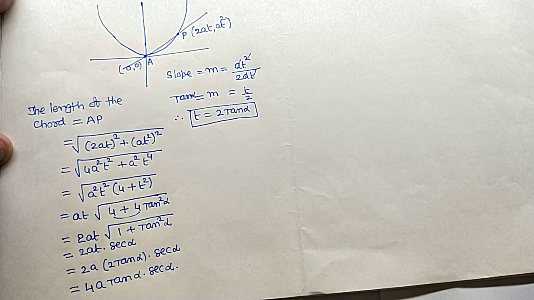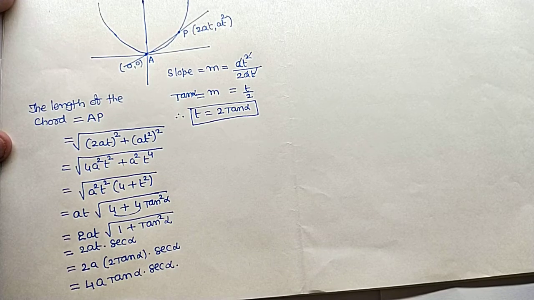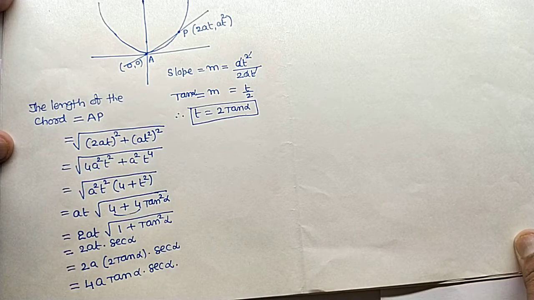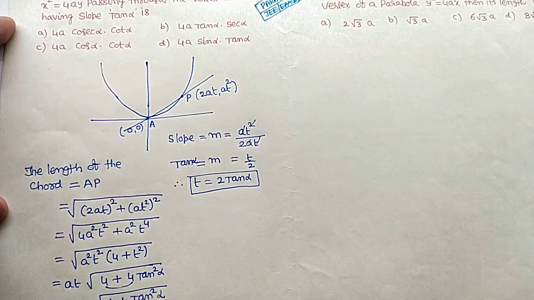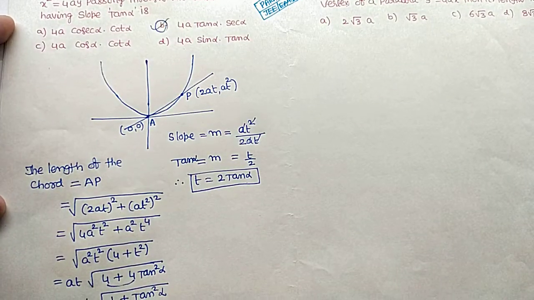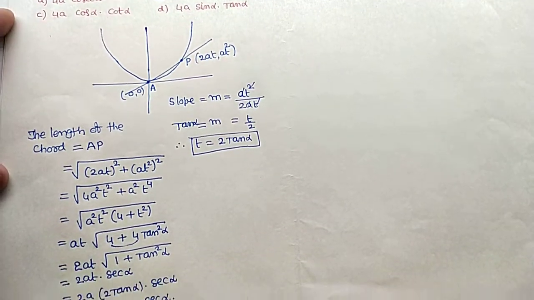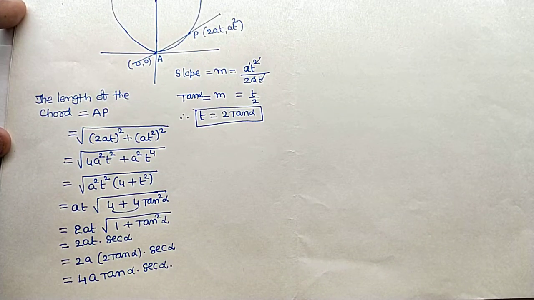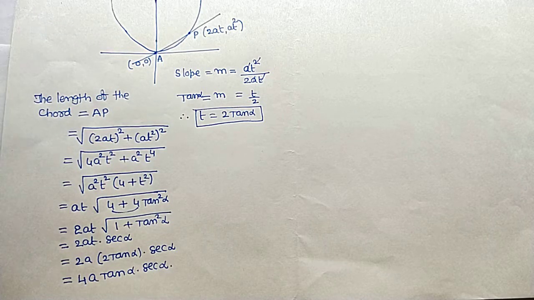Therefore, the length of chord AP according to the figure is 4a tan alpha secant alpha, which is there in the second option. In the options, it is the second one: 4a tan alpha secant alpha. See once again here. After that, we will move to the next question.